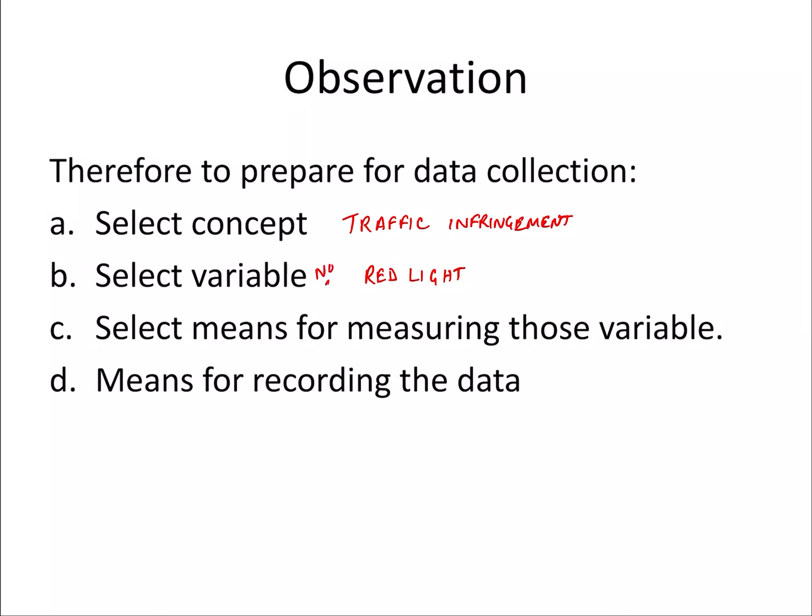Now stop on red light. The means for measuring those variables would be an observation checklist. Would be simply observation. You'd observe and record that data on checklists.